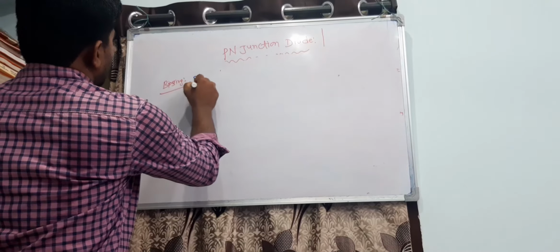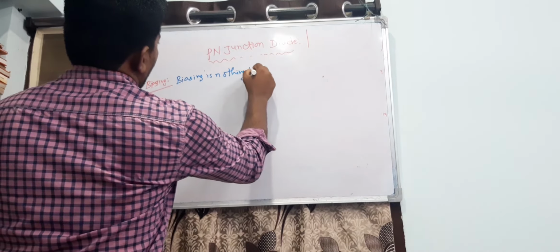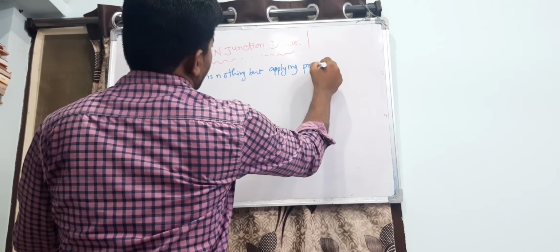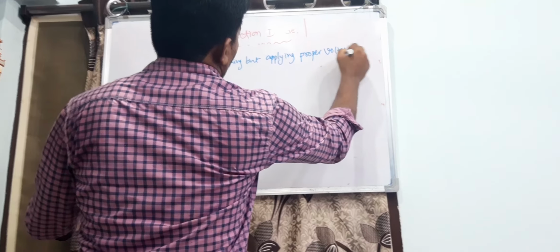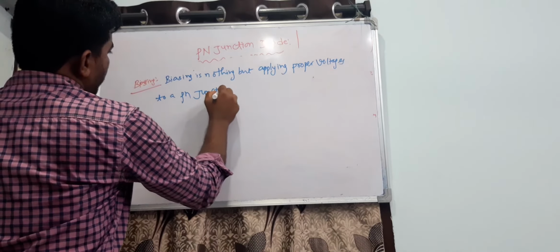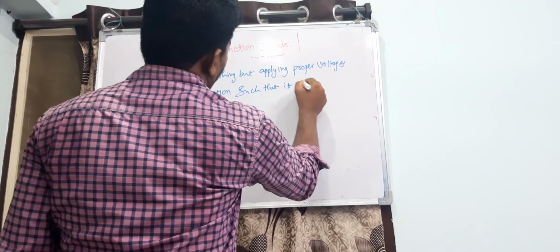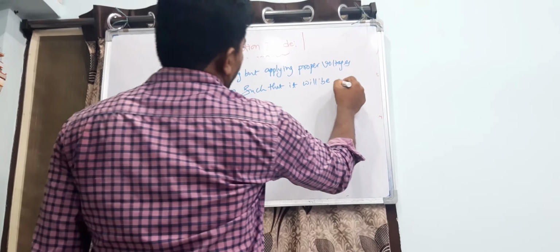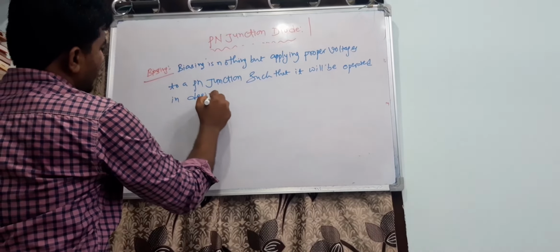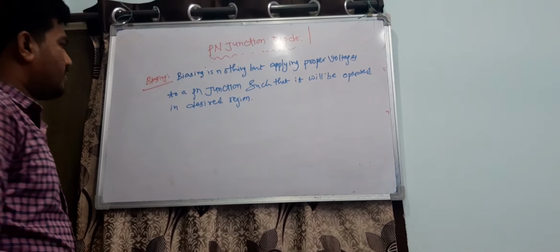So biasing is nothing but applying proper voltage to a PN junction such that it will be operated in the required region. Desired is nothing but the required region.